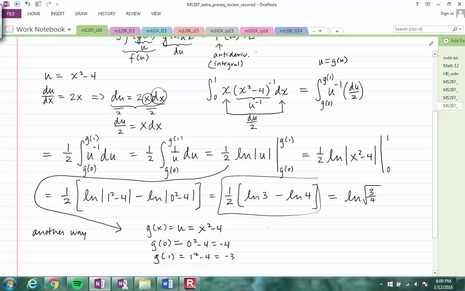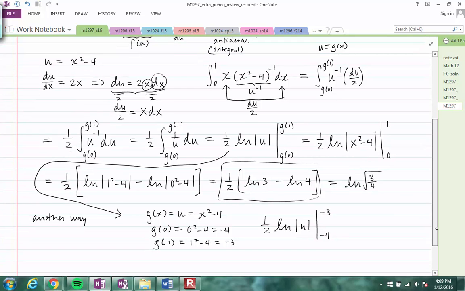So then what you would do at this stage is actually find those numbers in terms of u. Make sure you put them in the right place, because sometimes they can change order on least to greatest. So the g of 0 is what went down low, and the g of 1 was negative 3. So g of 0 goes down low, g of 1 goes on top.